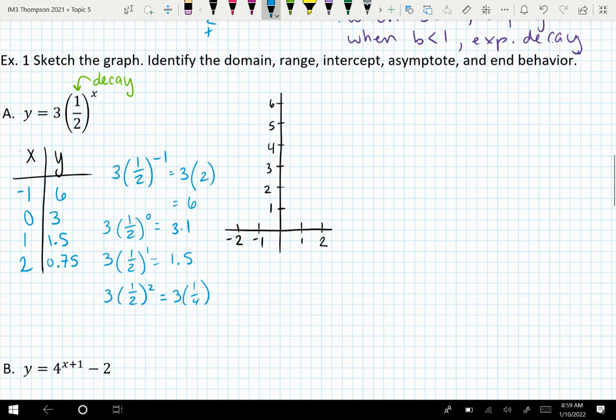So looking at my table, I know that my y values have got to go at least up to 6. And then just plot those points. So I'm going to give you just a few seconds. Go ahead and plot those points and see what this graph looks like. It should go down to the right.